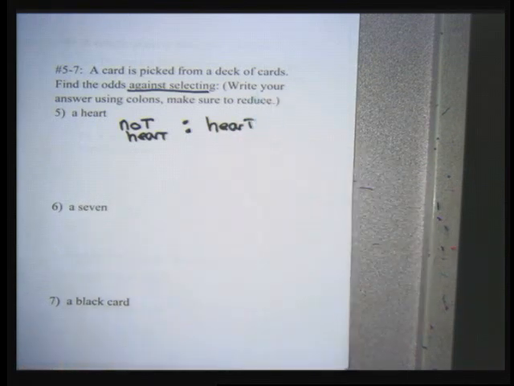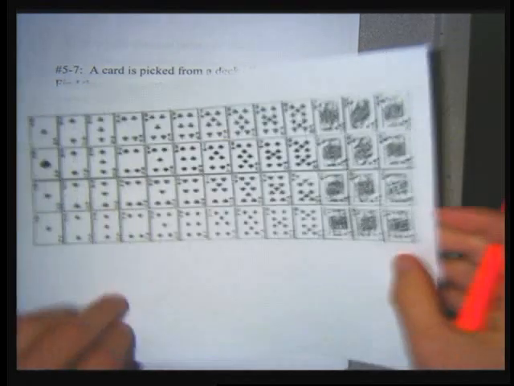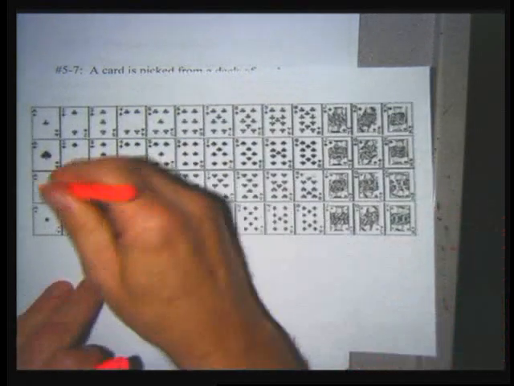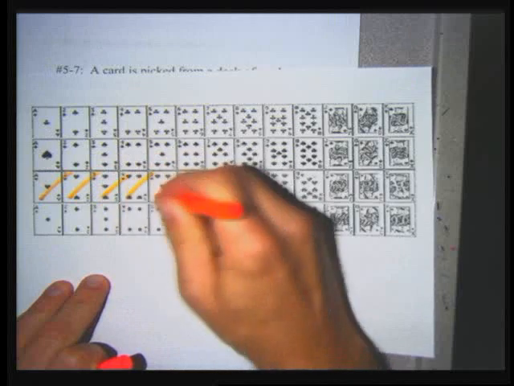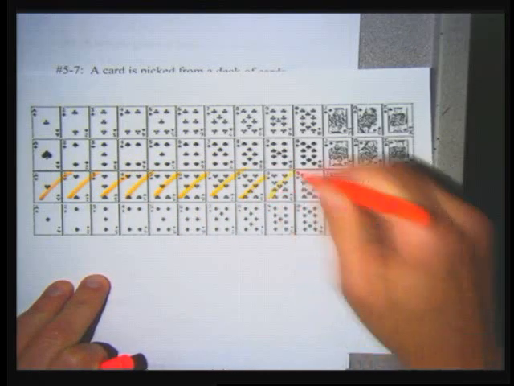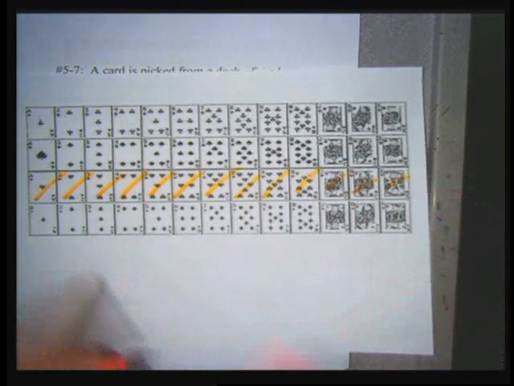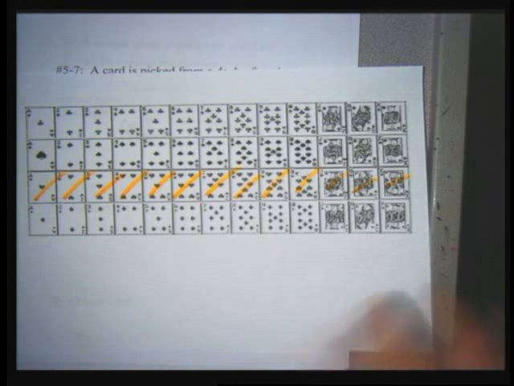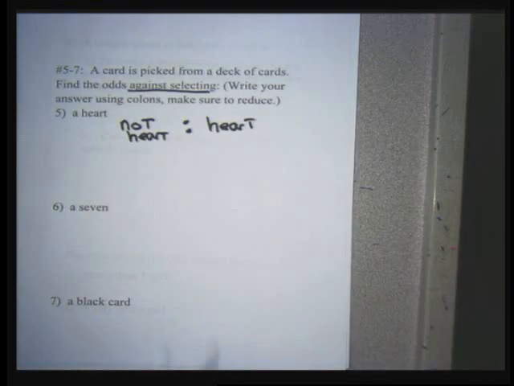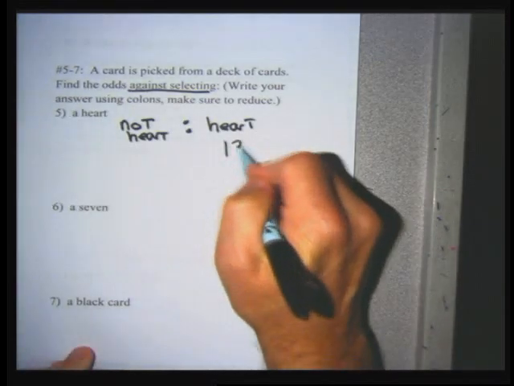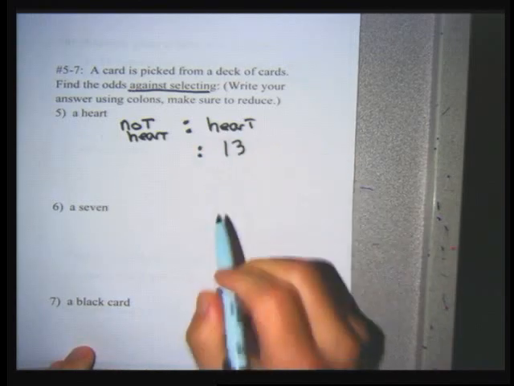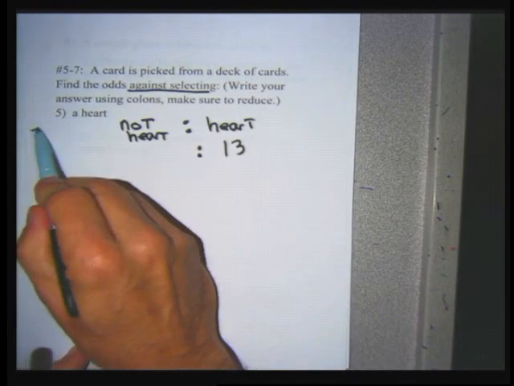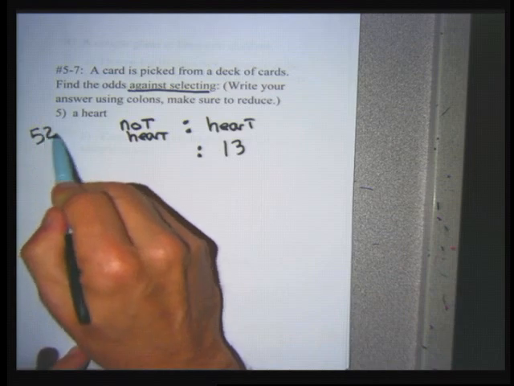Now I know that there's 13 hearts. If you went to my deck of cards, there's 1, 2, 3, 4, 5, 6, 7, 8, 9, 10, 11, 12, 13. So on the side that asks me for hearts, I need 13. I don't want to count all the non-hearts, so to get the non-heart side, a deck of cards has 52 cards.